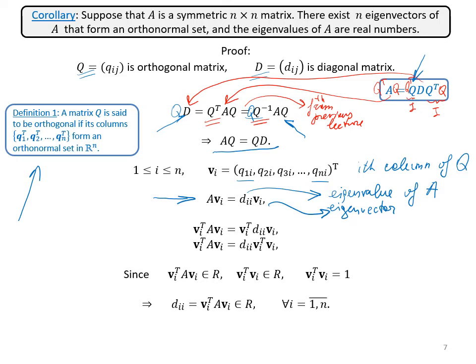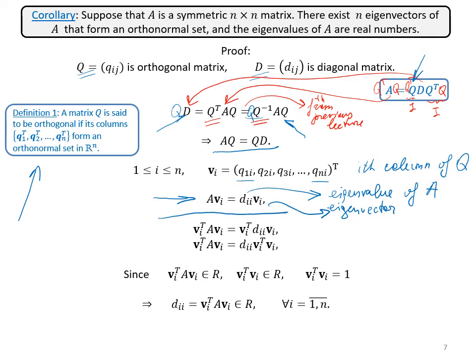This is a definition. So the columns of matrix Q, since it's orthogonal, are orthonormal. So the eigenvectors of matrix A are orthonormal. And this is exactly what we wanted to prove. The first part is done. We proved it.